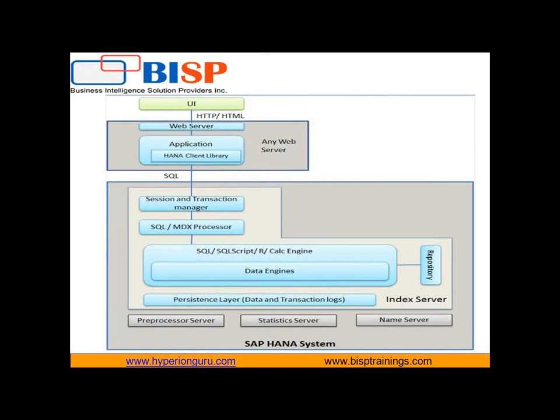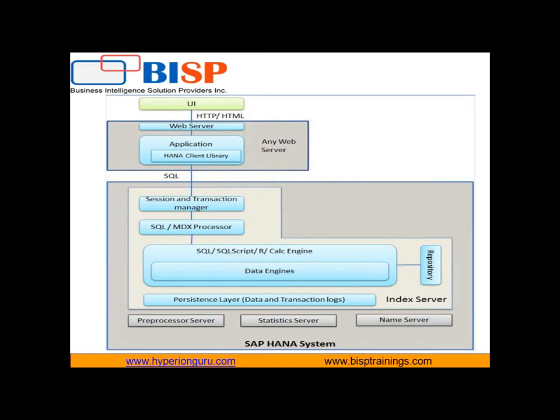So let's talk about the index server in detail, how it works. It's a clearer pictorial representation. The persistence layer will be there, and the data engines like SQL script, R language, and calculation will be there, and the repository, nothing but the metadata repository, where the request will be processed with the help of SQL and MDX processors.